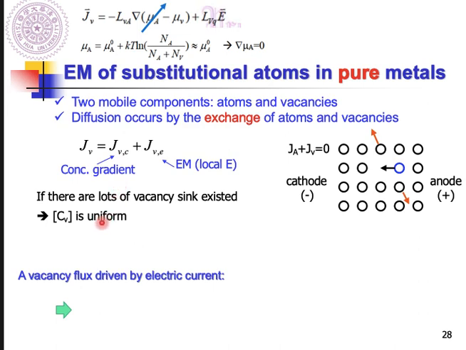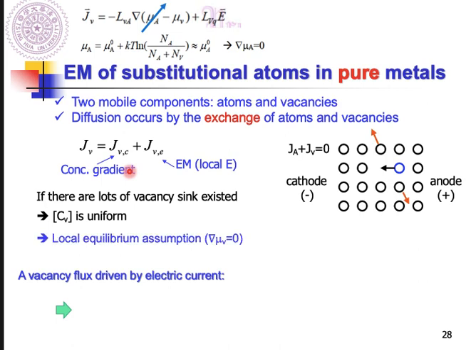The reason for this is that we don't have real vacancy flux because vacancies are easily trapped in crystal imperfection sites. That means we have a vacancy sink, which is a crystal imperfection site, for example an edge dislocation, grain boundary, and so on. So the vacancy concentration is uniform everywhere.